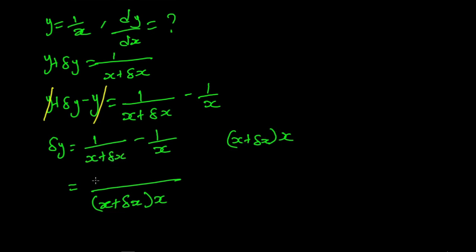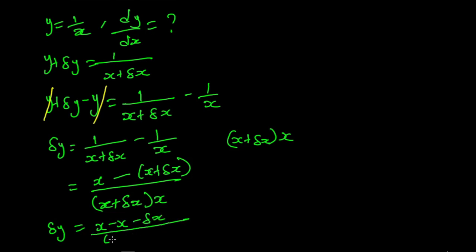So that means we'll be left with x here, minus. If we also multiply this with this, x is going to cancel this, therefore we'll be left with this. So that means we are going to have x plus delta x here. In other words, delta y is going to be x minus delta x all over x plus delta x then multiplied by x.